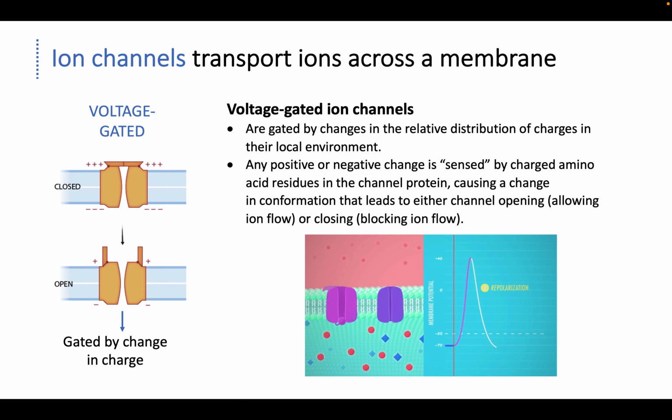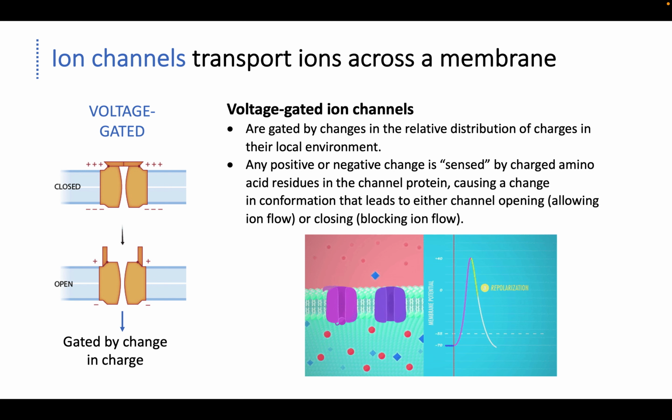In other words, there's a difference in the membrane charge on one side versus the other side. Any stimulus that causes that membrane voltage difference to change could potentially cause these voltage-gated ion channels to open, right? And each individual voltage-gated channel, whether it's sodium or potassium or calcium, opens in response to a different change in the membrane, right?